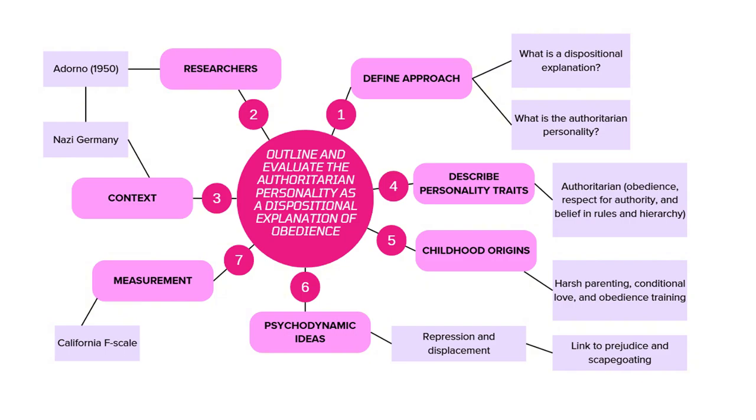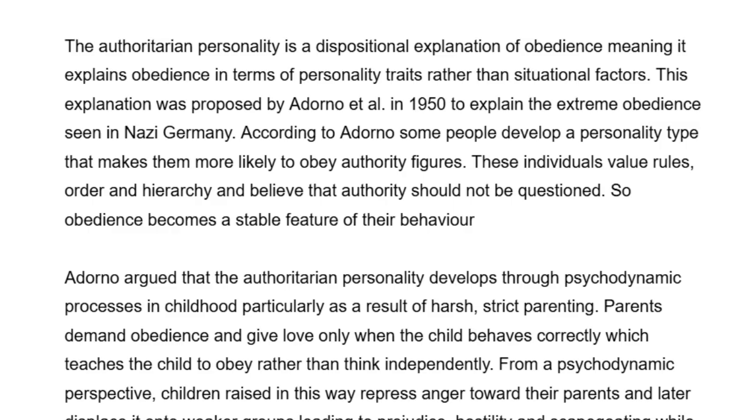Now, let's look at the first part of our answer, where we turn that outline into a short, high-mark AO1 section. The authoritarian personality is a dispositional explanation of obedience, meaning it explains obedience in terms of personality traits rather than situational factors. This explanation was proposed by Adorno et al. in 1950 to explain the extreme obedience seen in Nazi Germany.